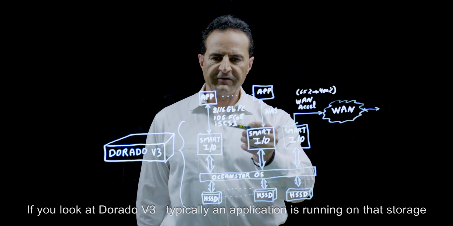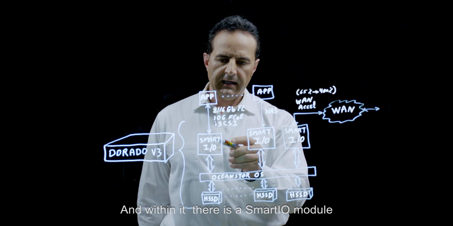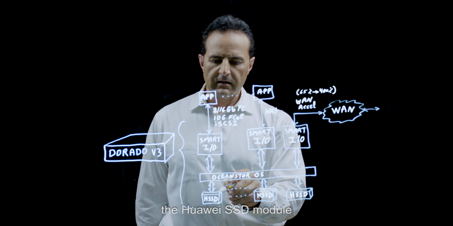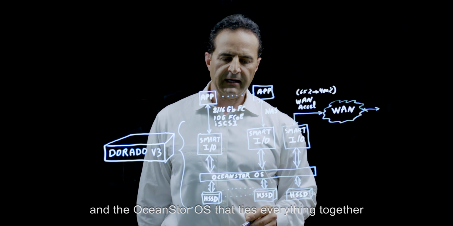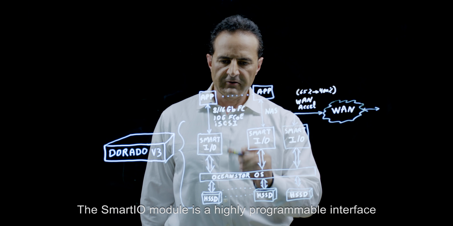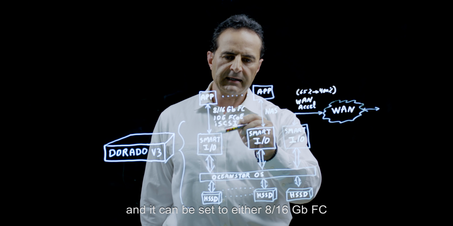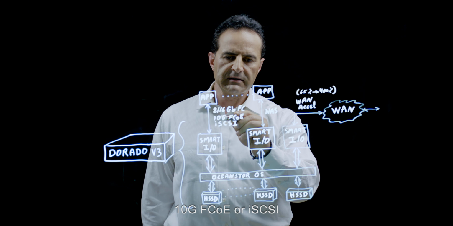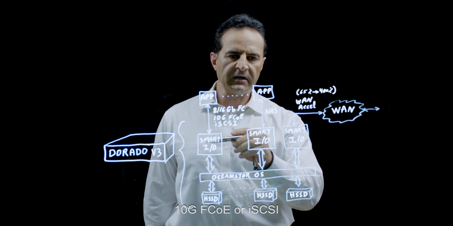If you look at Dorado V3, typically an application is running on that storage, and within it there's a SmartIO module, the Huawei SSD module, and the OceanStor OS that ties everything together. The SmartIO module is a highly programmable interface, and it can be set to either 8 or 16 gigabit fiber channel, 10 gig E, or fiber channel over Ethernet, iSCSI.